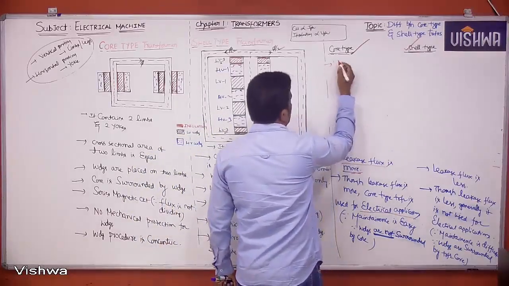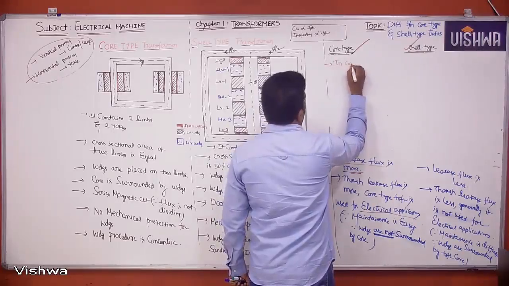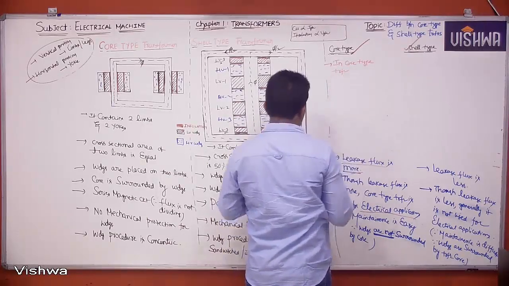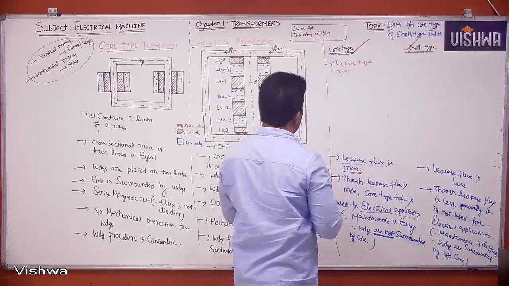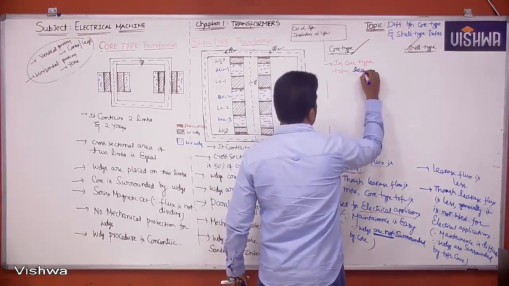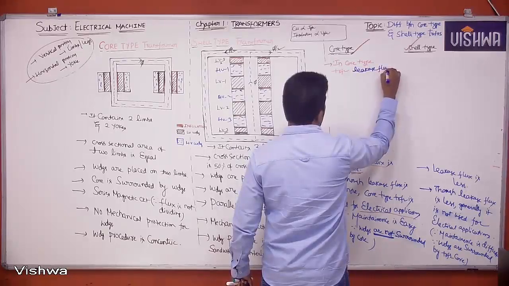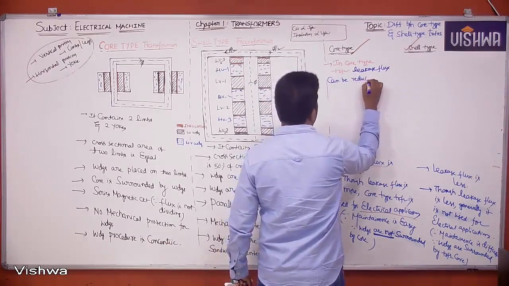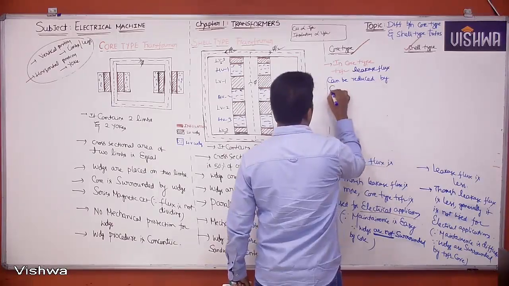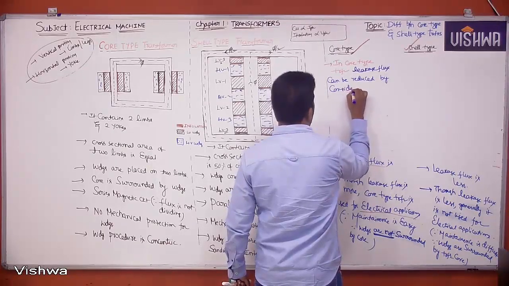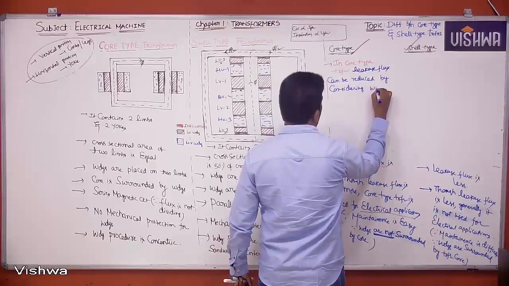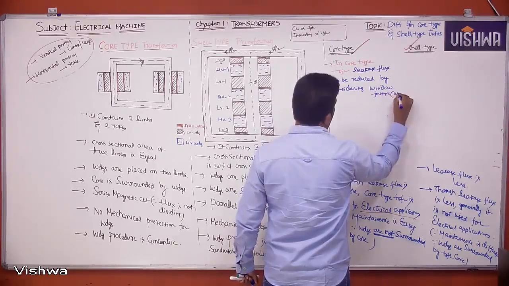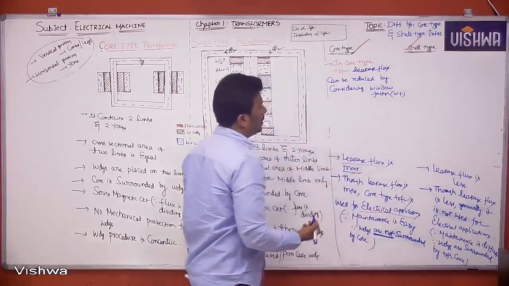Let me write the next point. In a core type transformer, leakage flux can be reduced by considering the window factor, WF.